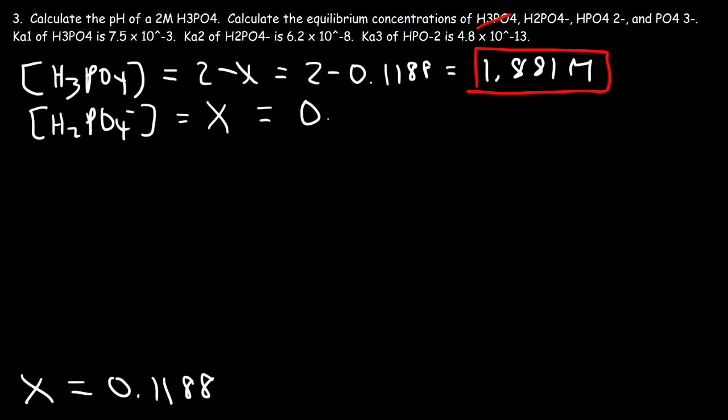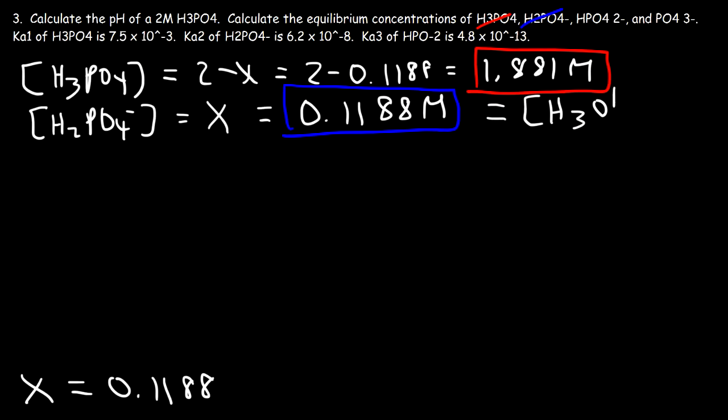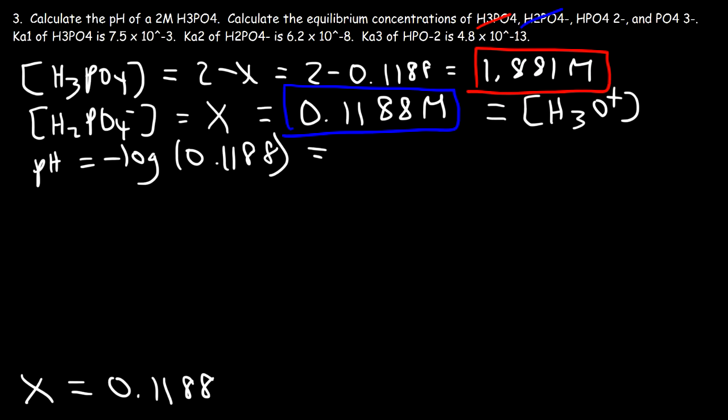So that's 0.1188. Now this is also equal to the H3O plus concentration. So we could therefore calculate the pH of the solution. So it's going to be negative log of 0.1188. So the pH of the solution is 0.925.